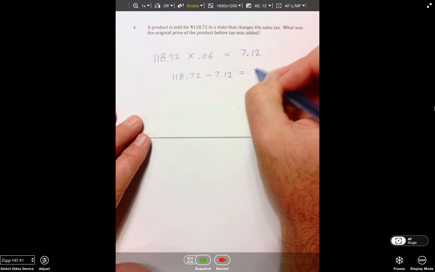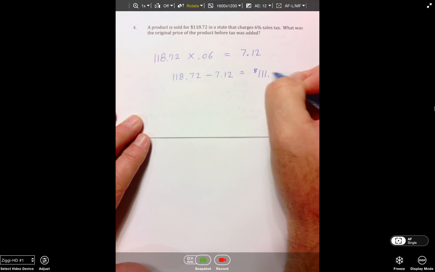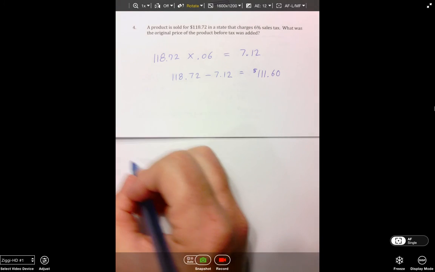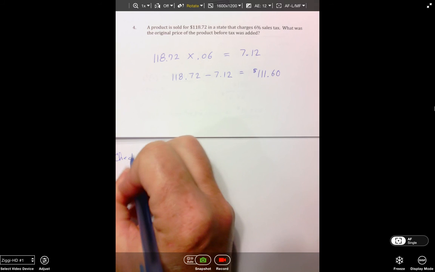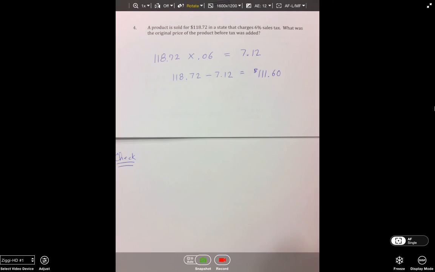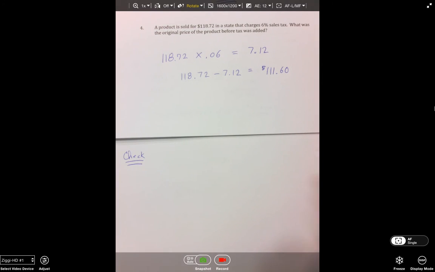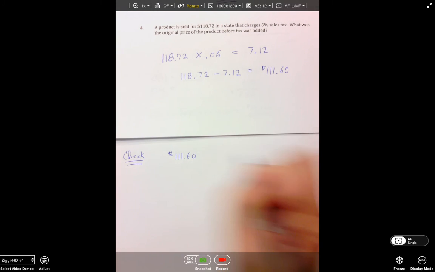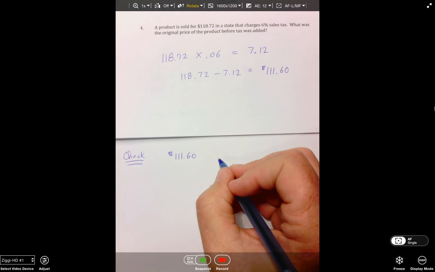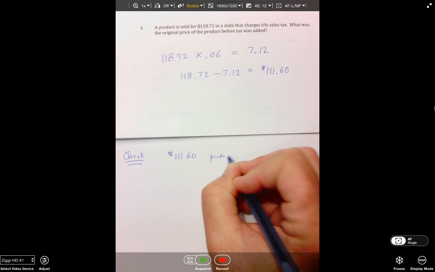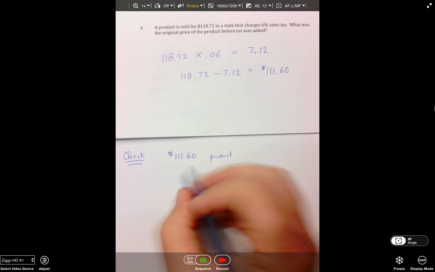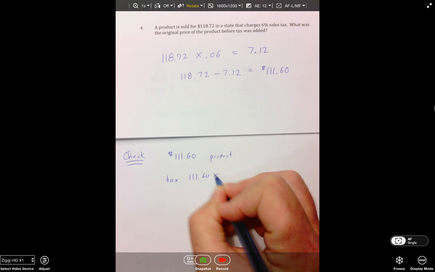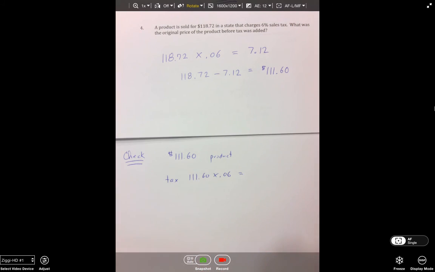So we know that the product was sold for $111.60. Now, for those of us that really care about math, we can check this, right? We can say, well, if the original product was sold for $111.60, so this is the product, and then we can calculate the tax as $111.60 times 0.06.